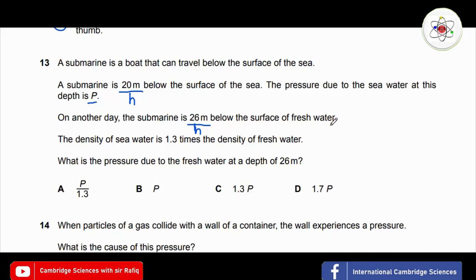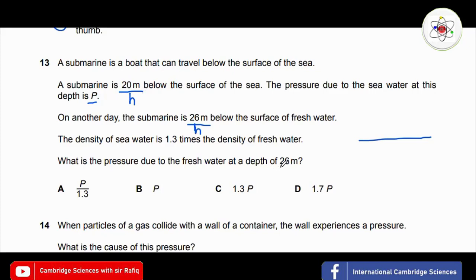The density of seawater is 1.3 times the density of fresh water. What is the pressure due to the fresh water at the depth of 26 meter? So you have to compare when it was at the depth of 20 meter, right, and 26 meters.